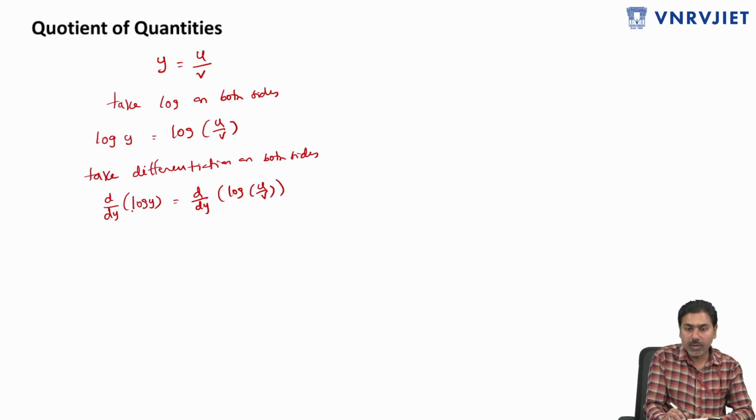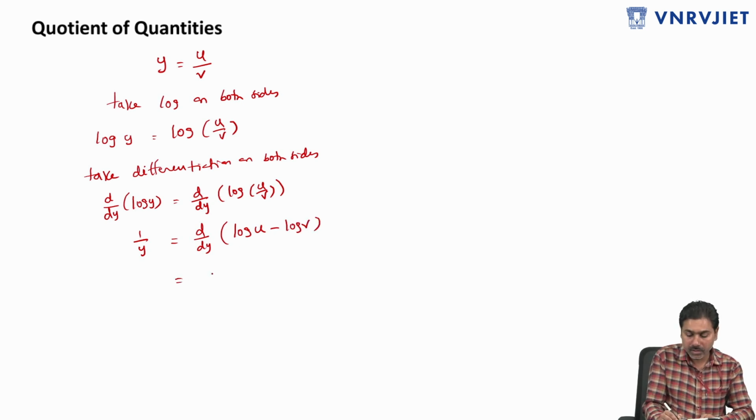The differentiation of log y is equal to 1 by y, and here log of u by v is written as log u minus log v.